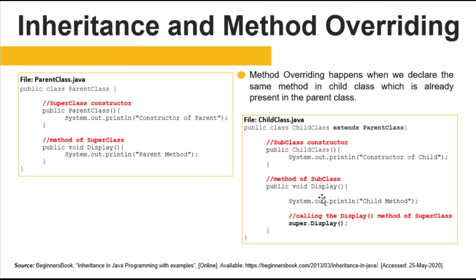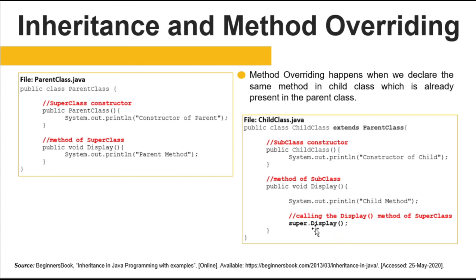So inside our display method here, inside the child class, we printed child method, and we can also still call the method inside our parent class by using the super keyword. By using the super keyword, you are calling everything defined on your parent class.